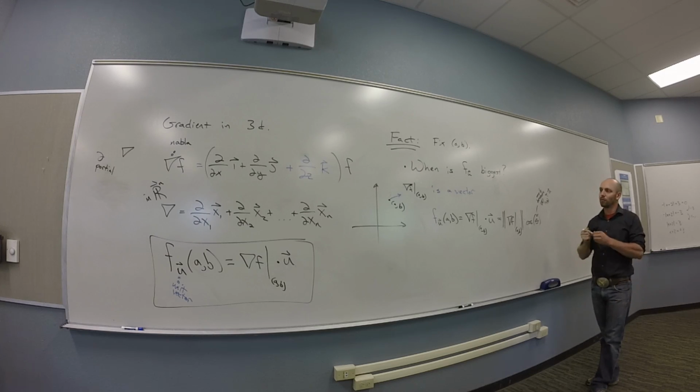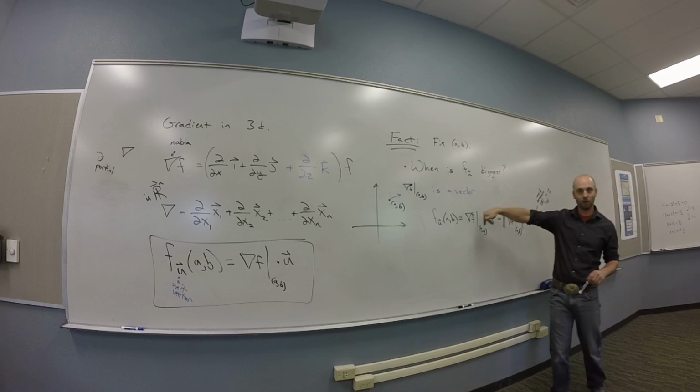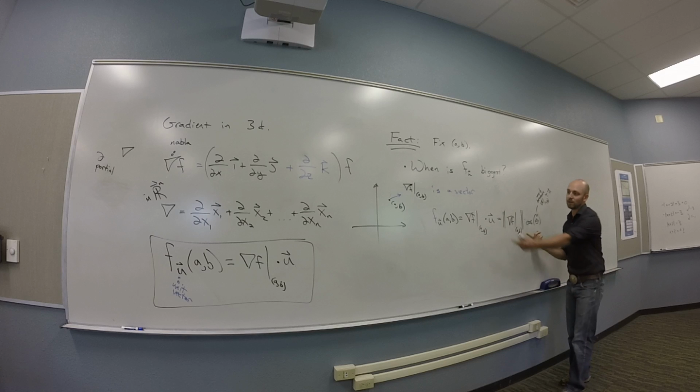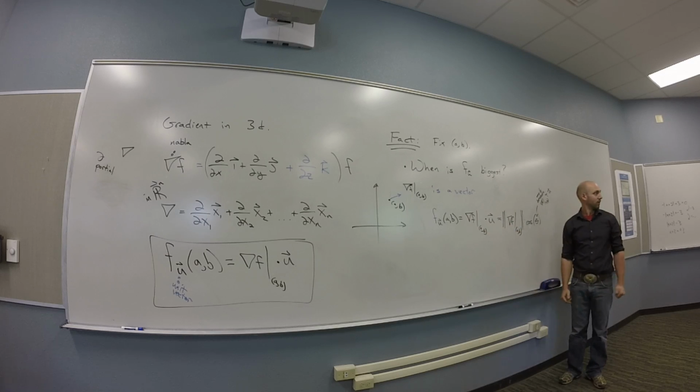Okay, so if I think about rotating that little orange vector, when is this quantity biggest? When they're parallel, right? When theta is 0. Cosine of 0 is 1. That's the best you can do for cosine.